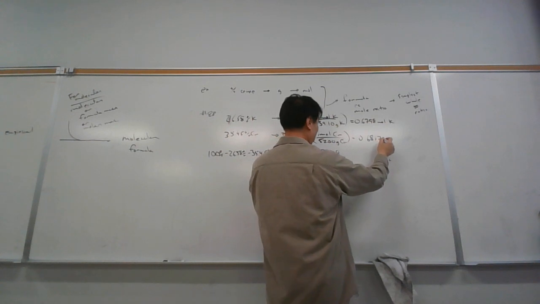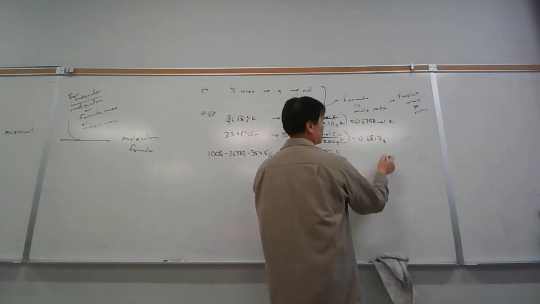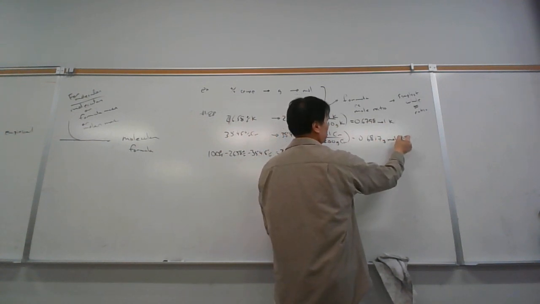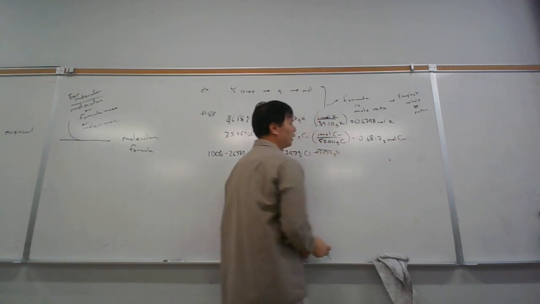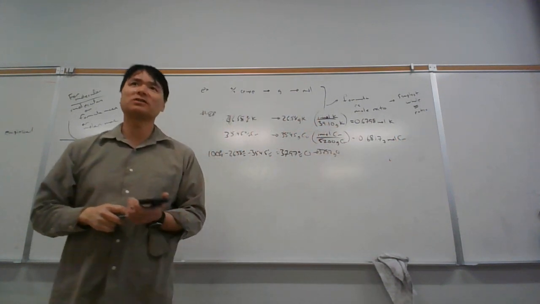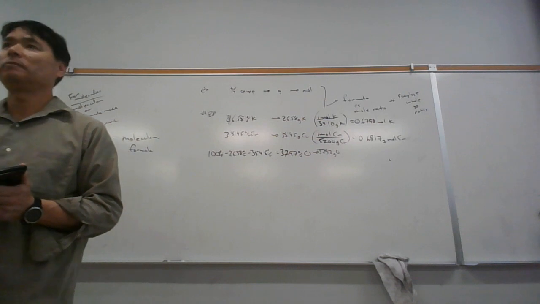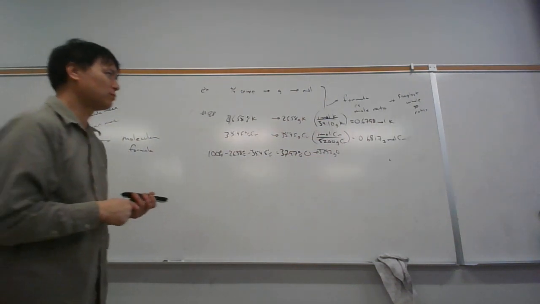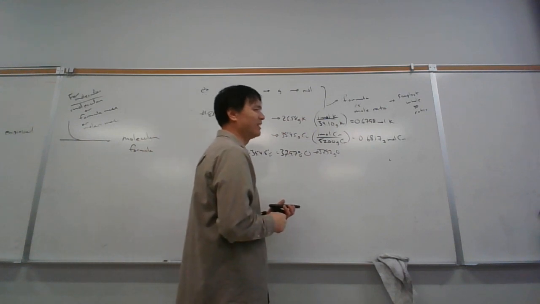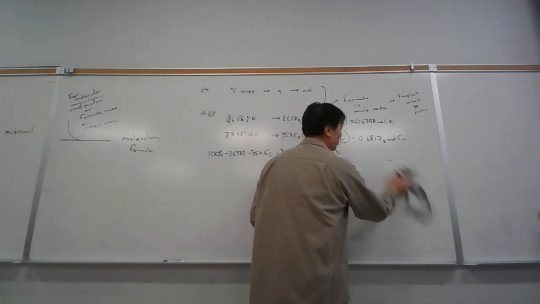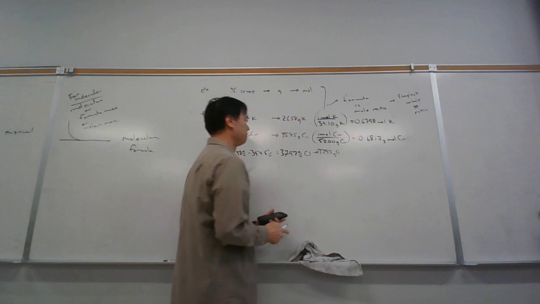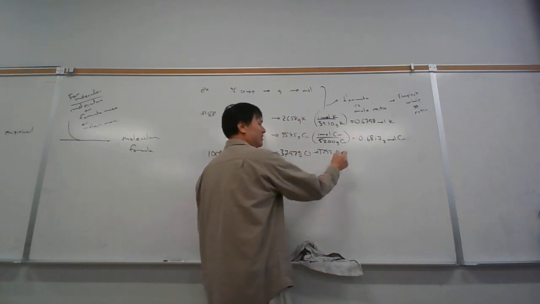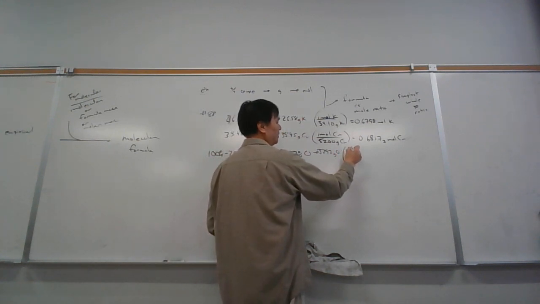I might carry the 3 here. This was 1 extra digit. There are reasons I try to carry as many digits as possible, because when you are a little bit overzealous with rounding, it's hard to get whole number ratios sometimes. Oxygen I have memorized. Do you have it memorized? 16.00.